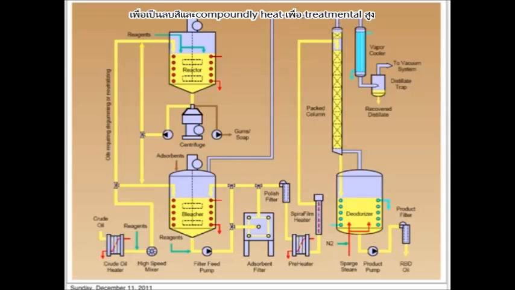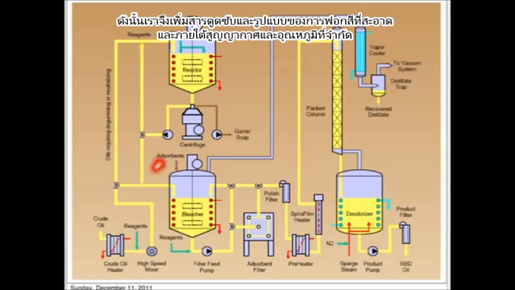The next step in the process is bleaching. The function of bleaching is to remove the coloring compounds and other compounds like ketones, aldehydes, trace metals, and so on. We add the adsorbent in the form of bleaching clay or bleaching earth, and the process is done under vacuum and elevated temperature to reduce the color of the crude oil.